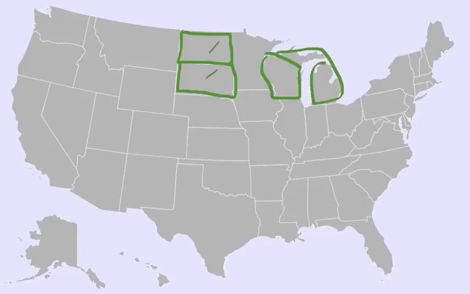See these 2 parts? That's all 1 state. That's Michigan. So that's 1, 2, 3, 4, and let's do Illinois and Indiana. So 1, 2, 3, 4, 5, 6. So there's our 6 states.